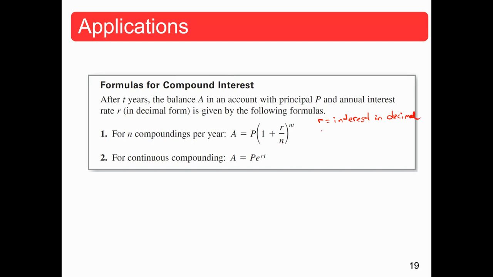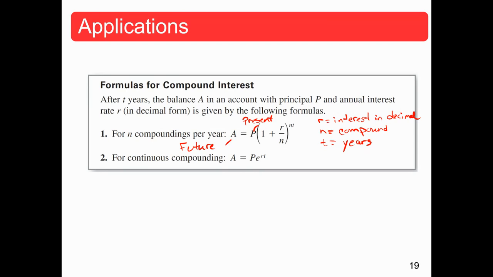And N is how often it compounds. And T is the number of years. So again, P is present value and A is future value.